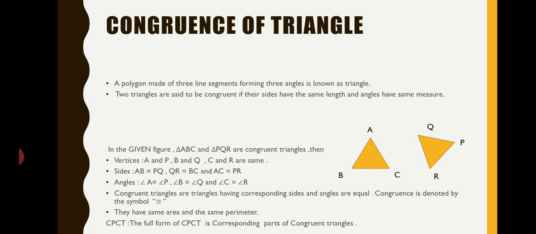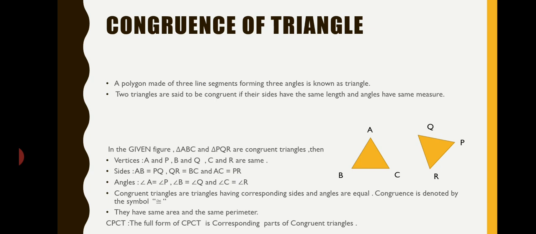It means one side of one triangle should be equal to one of the sides of the other triangle, and similarly for the other sides, and the measure of one of the angles of one triangle should be equal to the angle measure of the second triangle also.